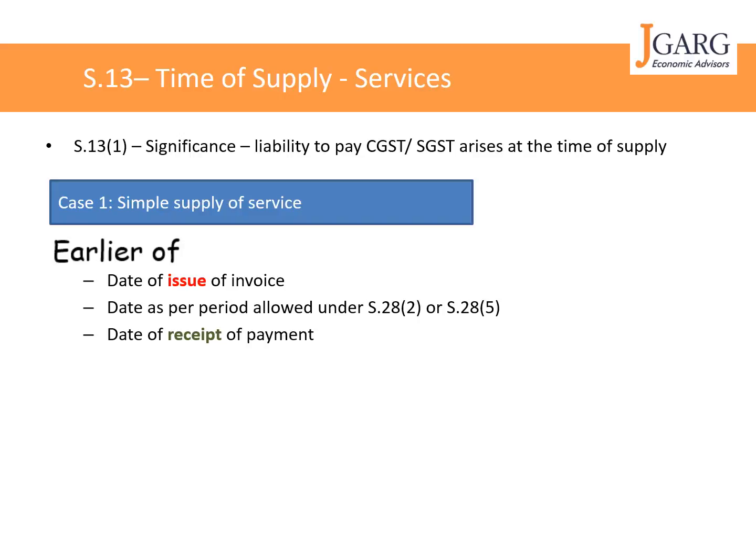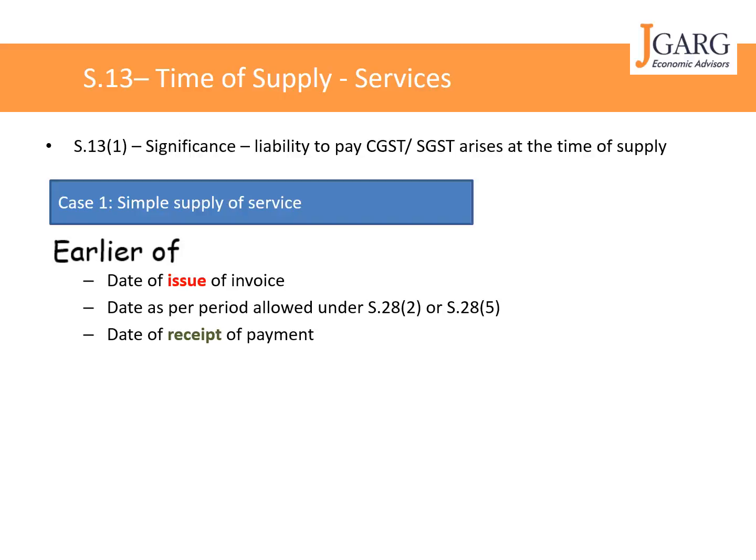So the earlier of any of these points will become time of supply, and one needs to collect and pay tax to the government. For example, let's say you have issued the invoice but you have not received the payment. Then issue of invoice becomes important. In case you are receiving money in advance but you still need to provide the services to your client, in that case the date of receipt, being earlier than the date of issue of invoice, becomes important, and one needs to collect and pay tax.